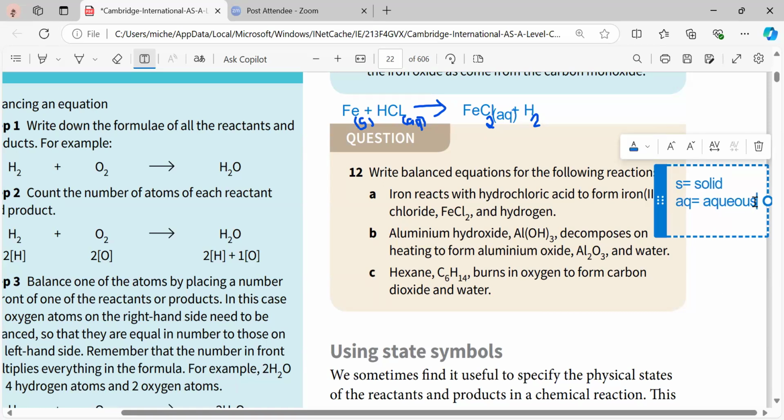Sometimes we can use L for liquid, but aqueous is way more common. Usually aqueous is more like liquid, but in a compound form. We tend to use aqueous more than liquid. And G stands for gas. So hydrogen here is gas.